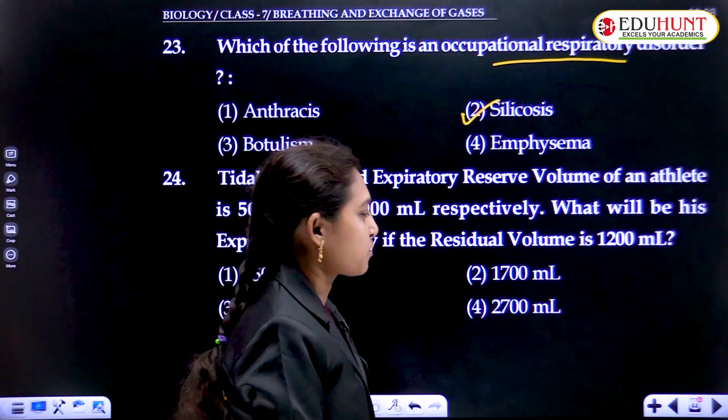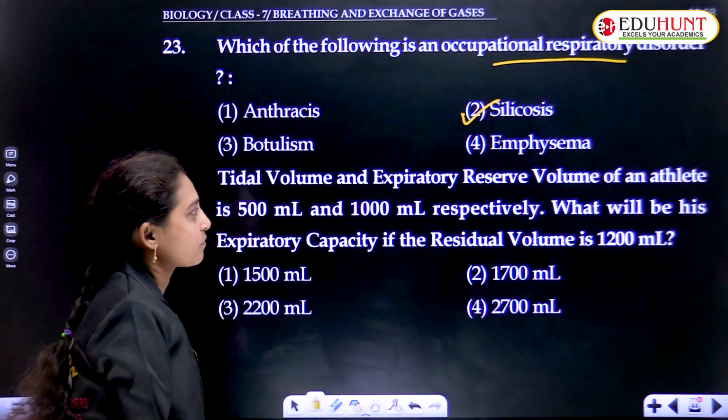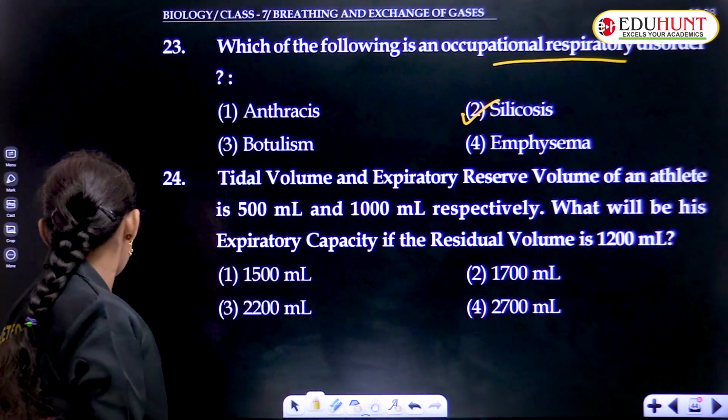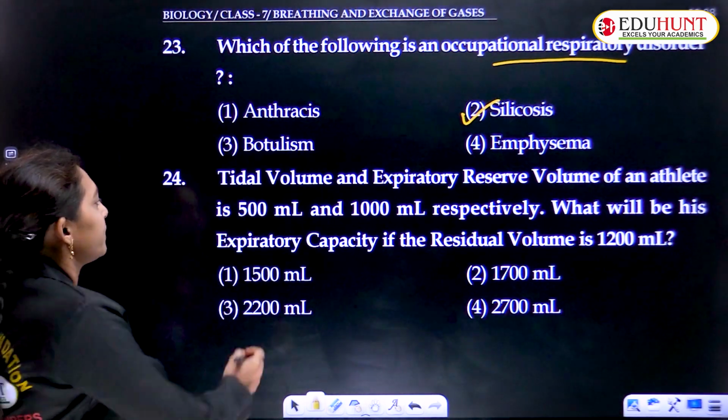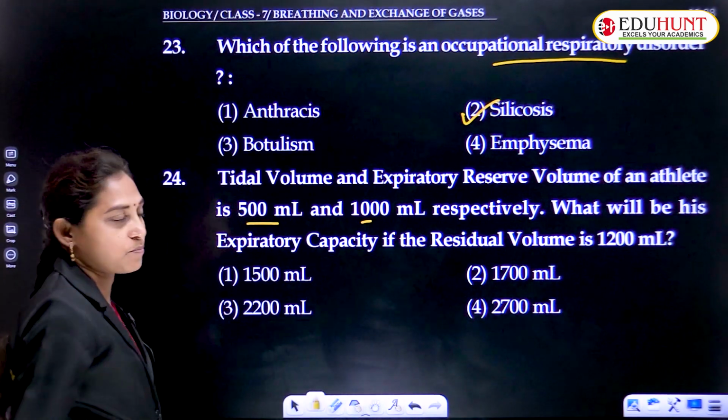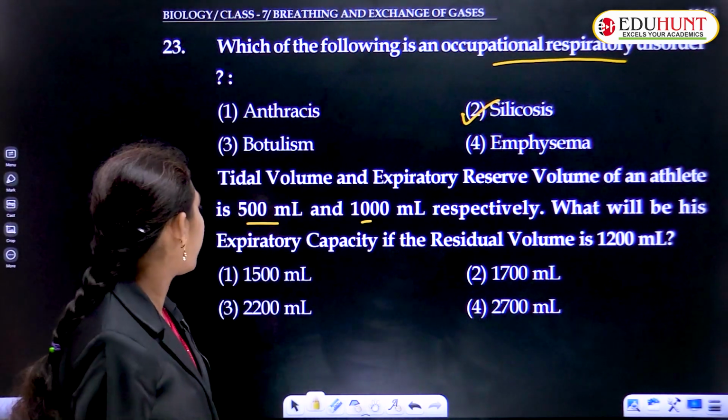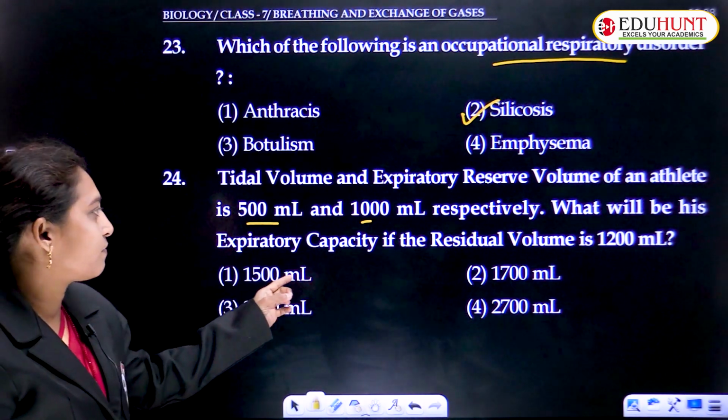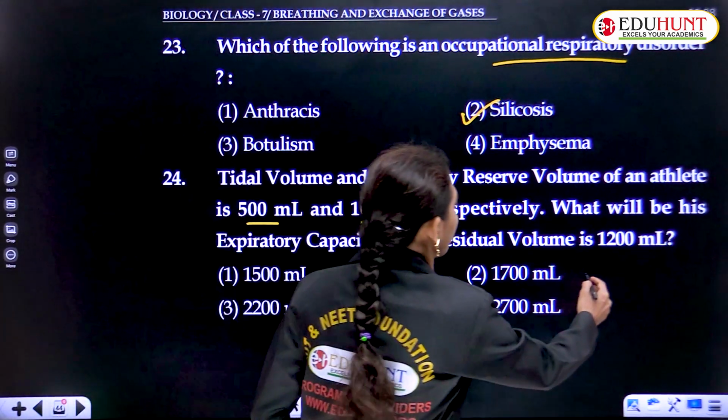Tidal volume and expiratory reserve volume of an athlete are 500 ml and 1000 ml respectively. Which will be his expiratory capacity if the residual volume is 1200?